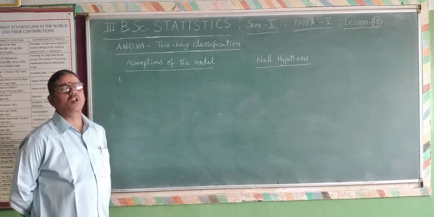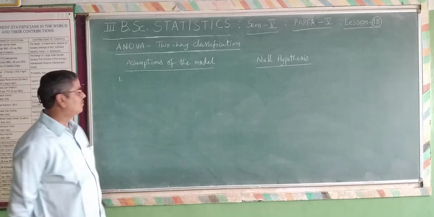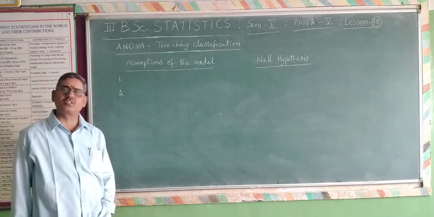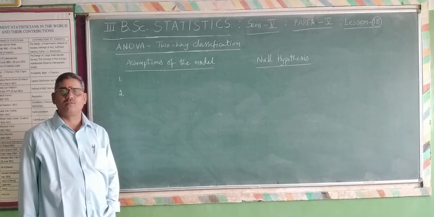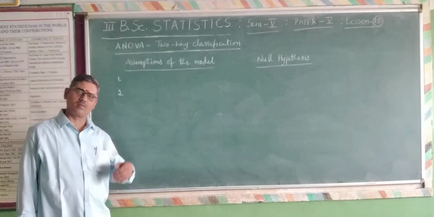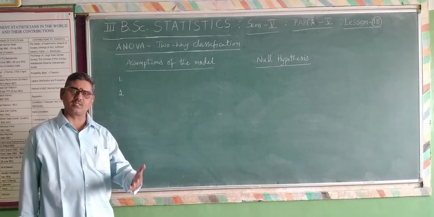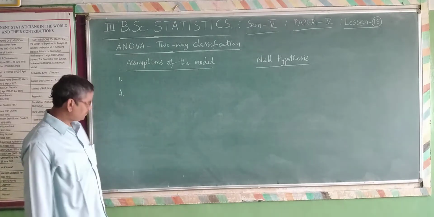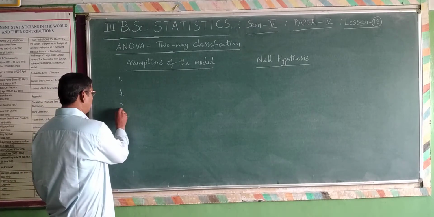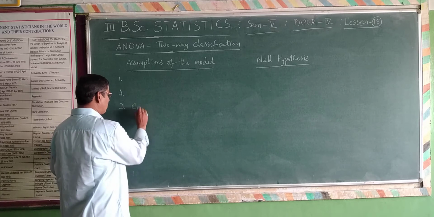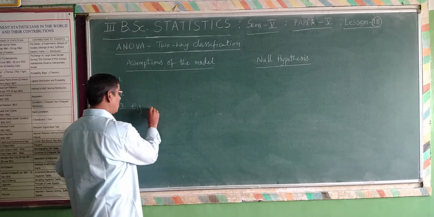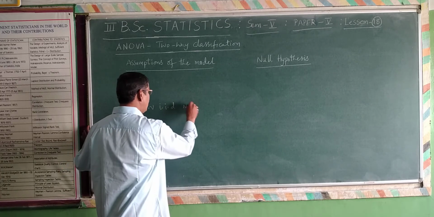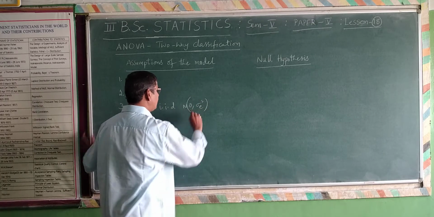The assumptions of the model are: first, all the observations are independent. Second, various effects are additive in nature. Various effects means treatments here, varieties here, error, and all the effects are additive in nature. And third, epsilon ij, the error component, follows independently and identically distributed normally with mean 0 and variance sigma square e.